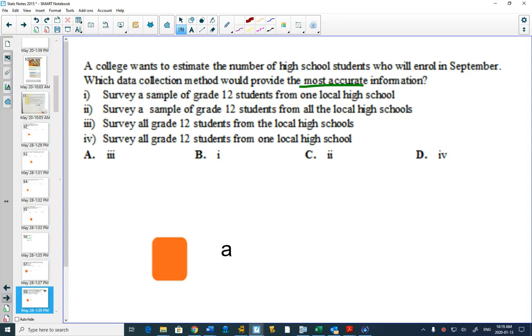You're just going to get a sample of grade 12 students from all the schools. It's not good just to ask one school, right? Because if you ask the school that's very far away from the college, you might not get very many going there. If you ask the school that's right next to the college, there might be more people thinking of going there. So your data results could be bad.